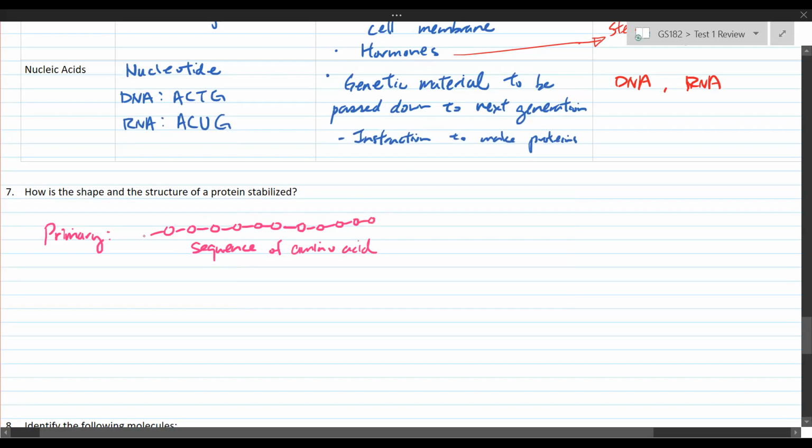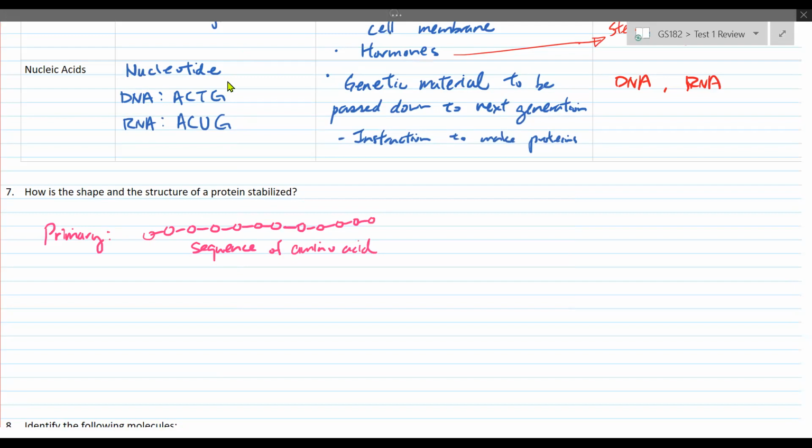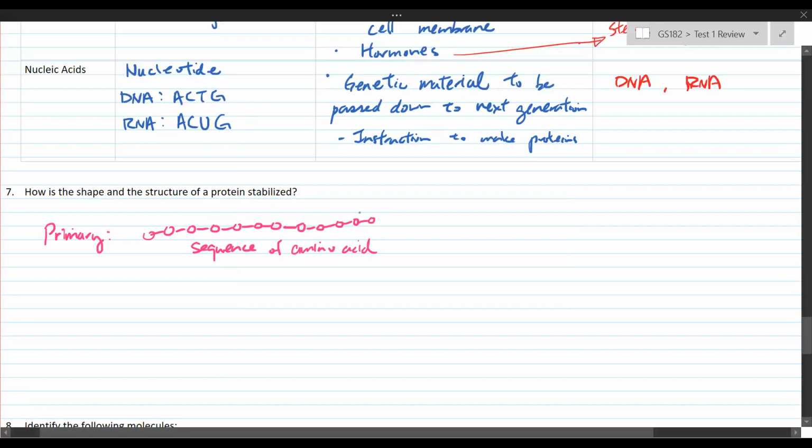And what's holding them together are basically covalent bonds.